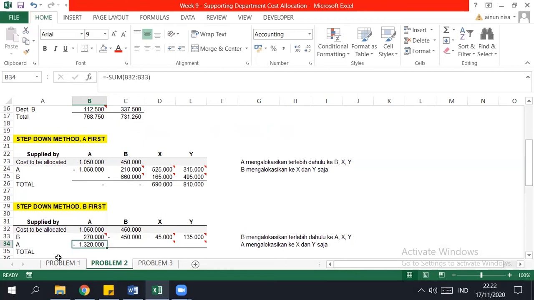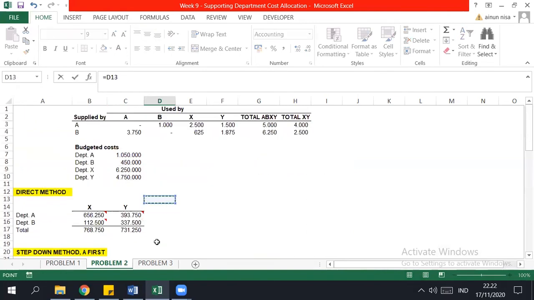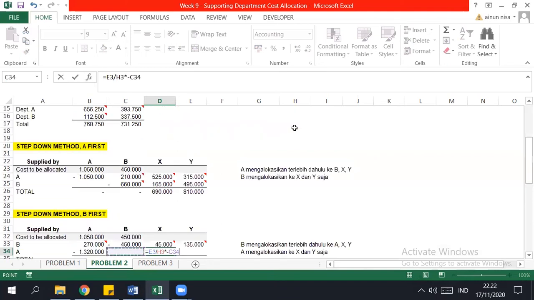This cost will be allocated to department X and department Y. For department X, the formula is 2,500, or the usage by department X, divided by the total usage of department X and Y, which is 4,000, and then times the cost of department A that we just calculated before, which is the 1,320,000.